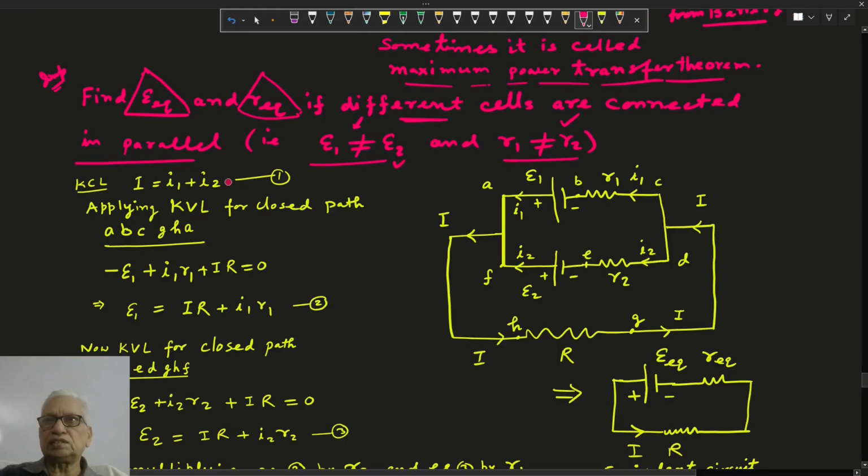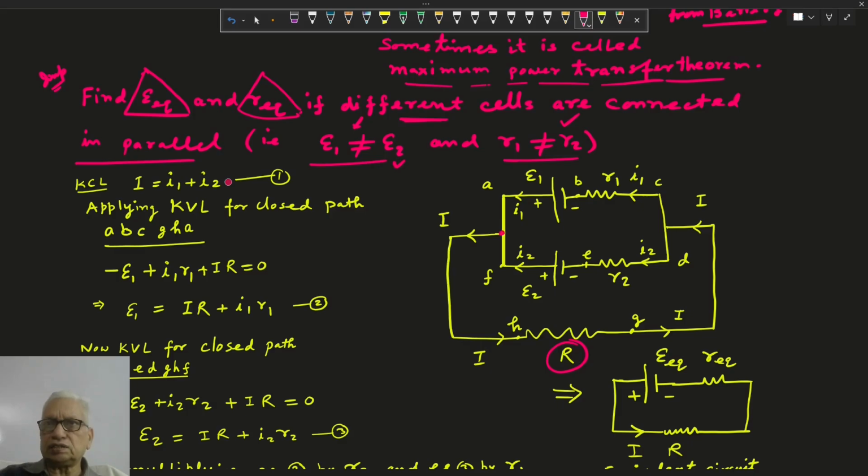Let us say this is the circuit. Here there are two cells E1, E2, with internal resistances R1, R2, connected to the external resistance. Let us say current I1 is drawn from cell number 1, and I2 is the current from cell number 2, and this is the total current flowing through the external resistance.